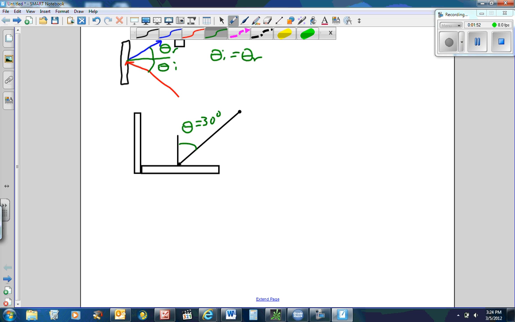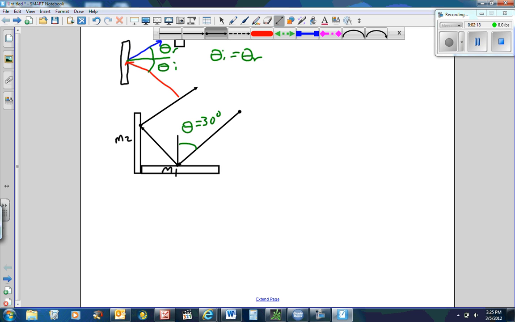And let me label these mirrors real quick. This would be mirror 1, and this would be mirror 2. And so what angle would it reflect? Well, if we just use geometry, then we know it's going to reflect at 30 degrees here also, right?